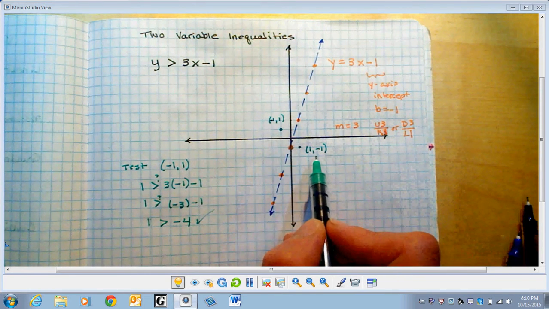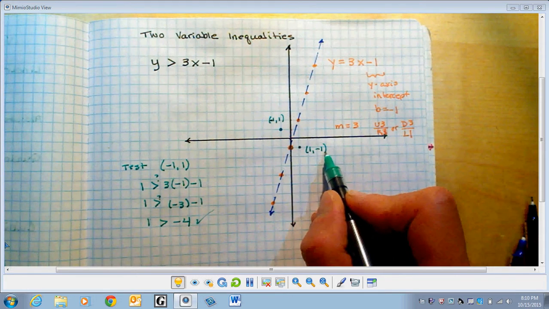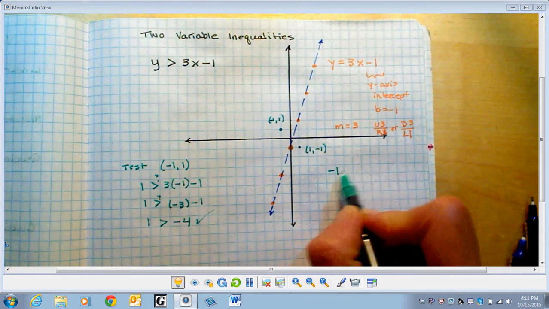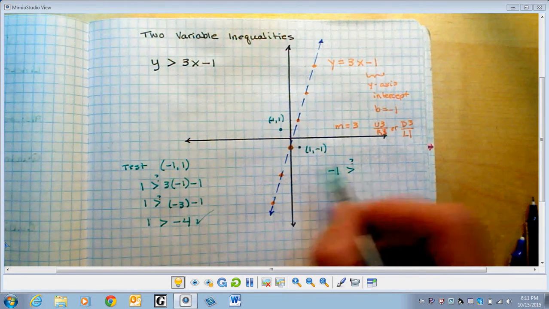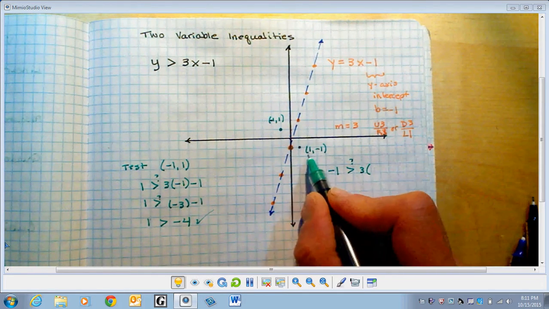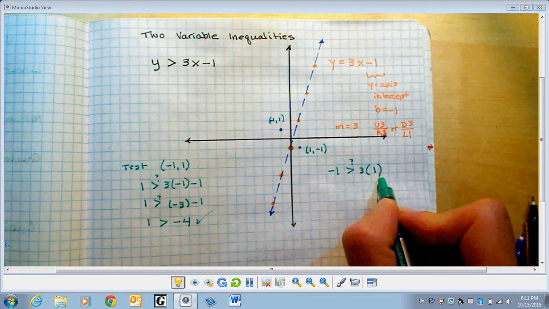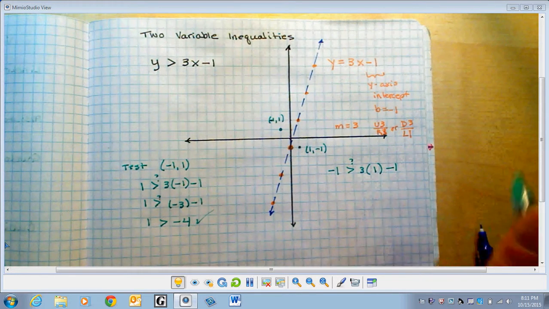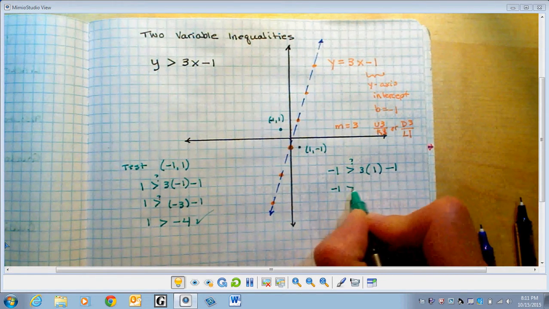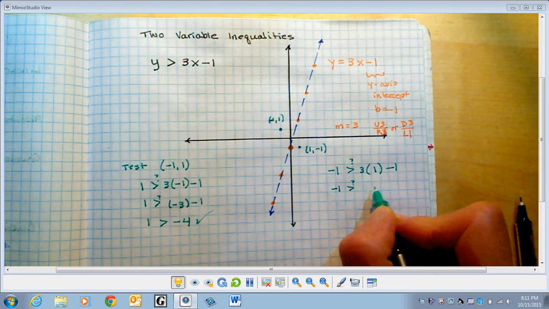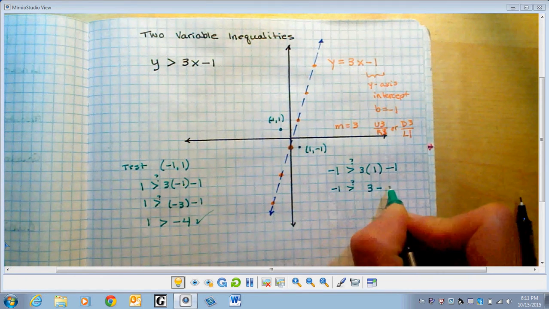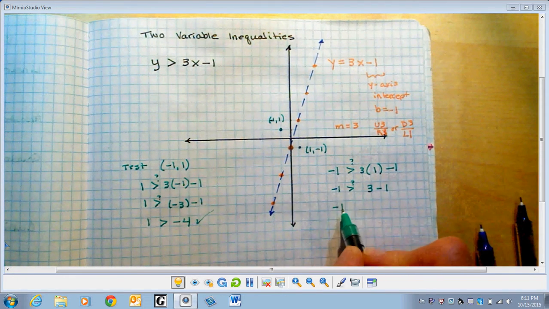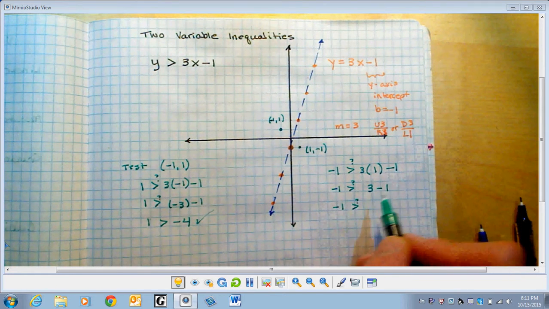Let's test this one. Here y is -1. Is -1 greater than 3 times 1, we put 1 in for x, and then minus 1? Is -1 greater than 3 times 1 is 3 minus 1, that would be 2?